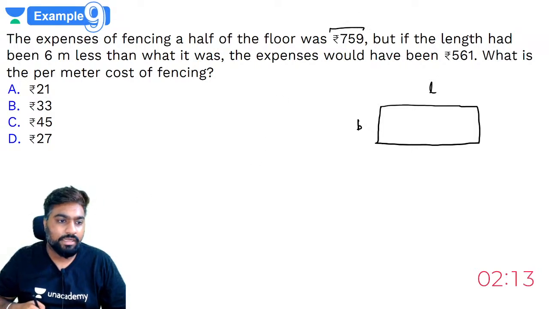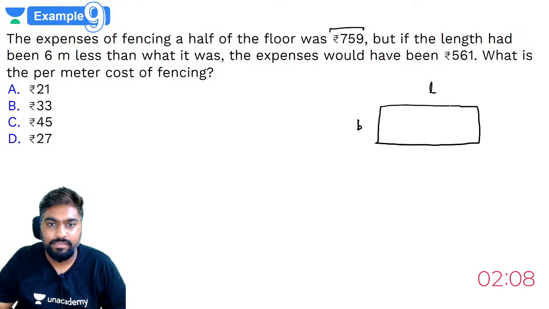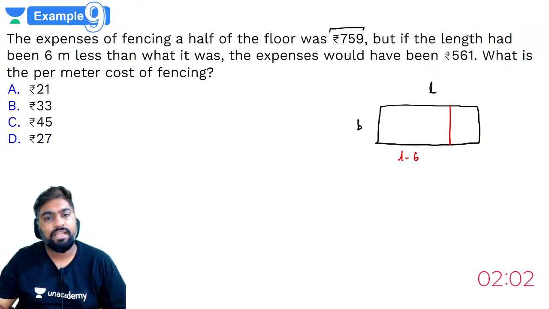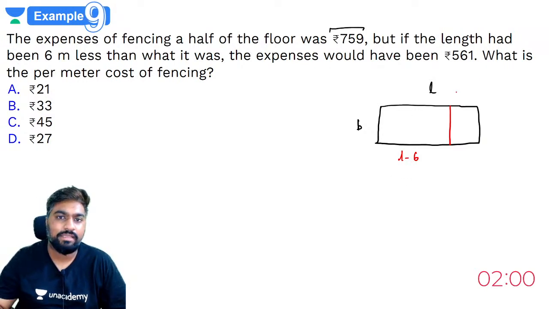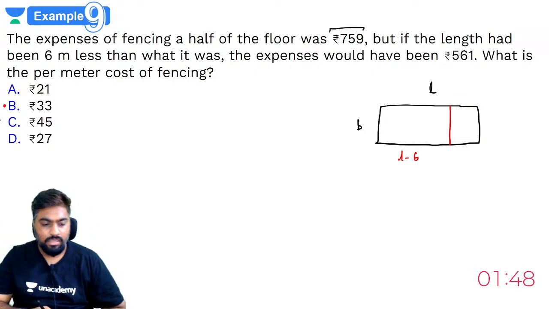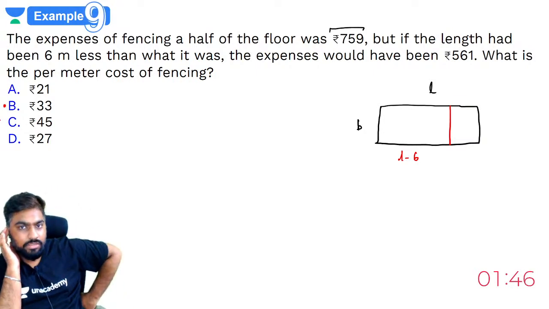Okay, but if the length is 6 meters less, this is L minus 6, then the cost is 561. ठीक है, अब try करो अभिजीत. Others, Nalin says 33. Okay, Adarsh says 33. Very good.